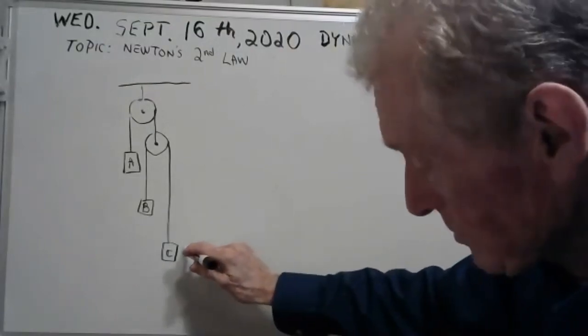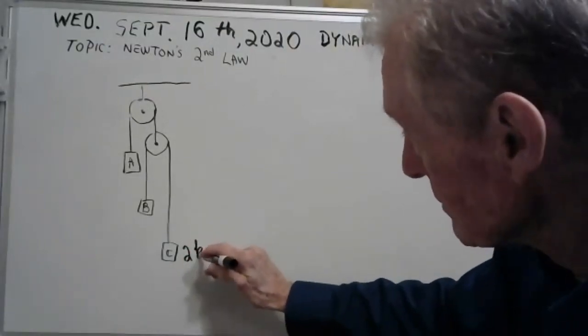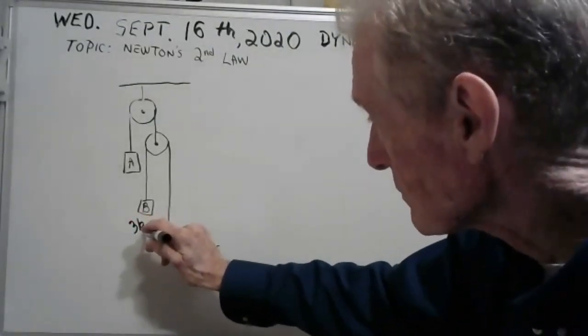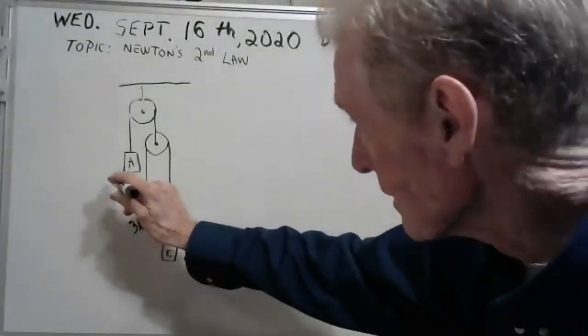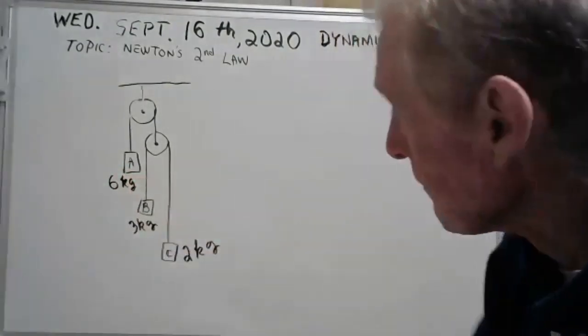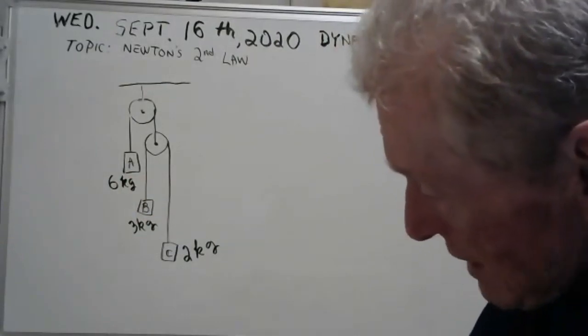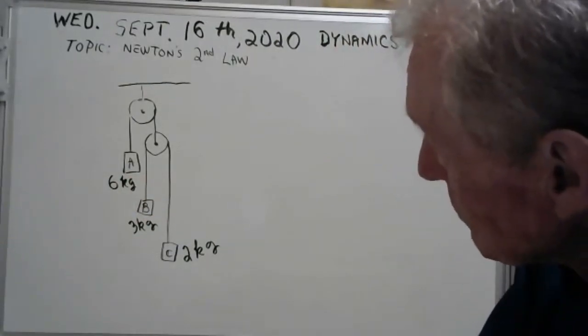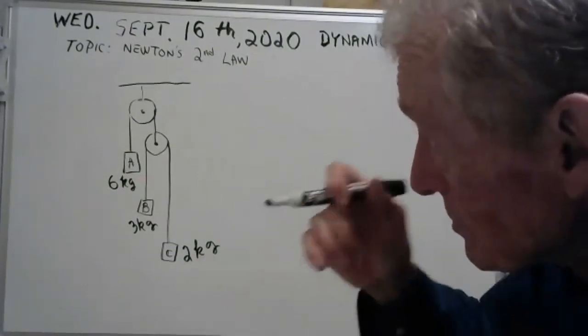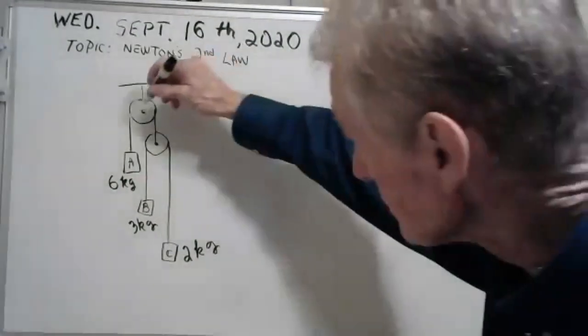Now C here is 2 kilograms. B is 3 kilograms. And A is 6 kilograms. And what we want to do, we want to find the tensions in all of these connections here.